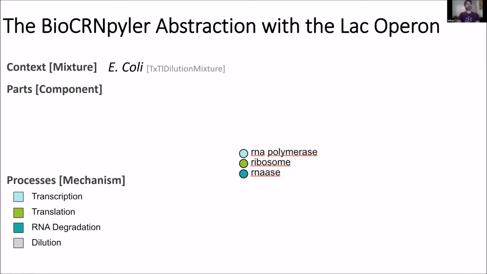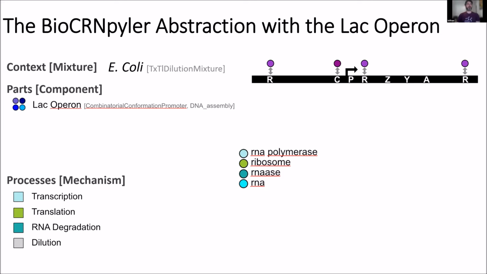Now we're going to have to add some components. So the first component is the Lac Operon. We're using something called a DNA assembly to model this with a particular type of promoter, a combinatorial conformation promoter. And I'll describe what that does, but these are pre-built classes in the library, and you can also build your own classes. So don't feel like this is the only choices you have. It's very easy to add to this software.